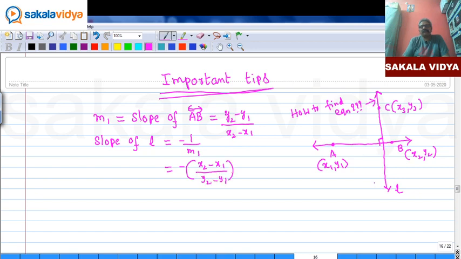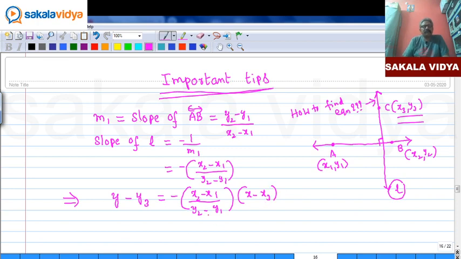Now, we know the slope of this line and that it passes through x3 comma y3. So, using point-slope form, y minus y3 equals minus of x2 minus x1 by y2 minus y1, into x minus x3.